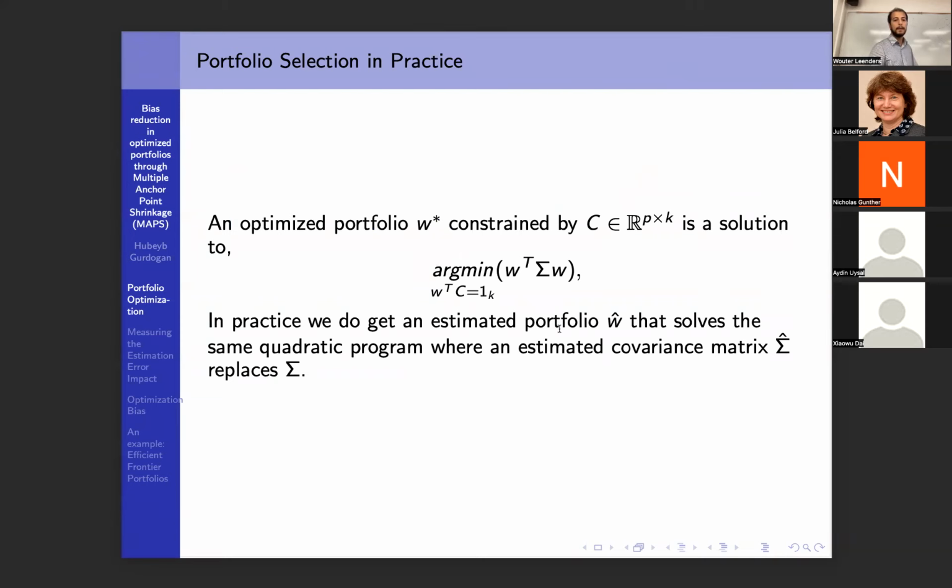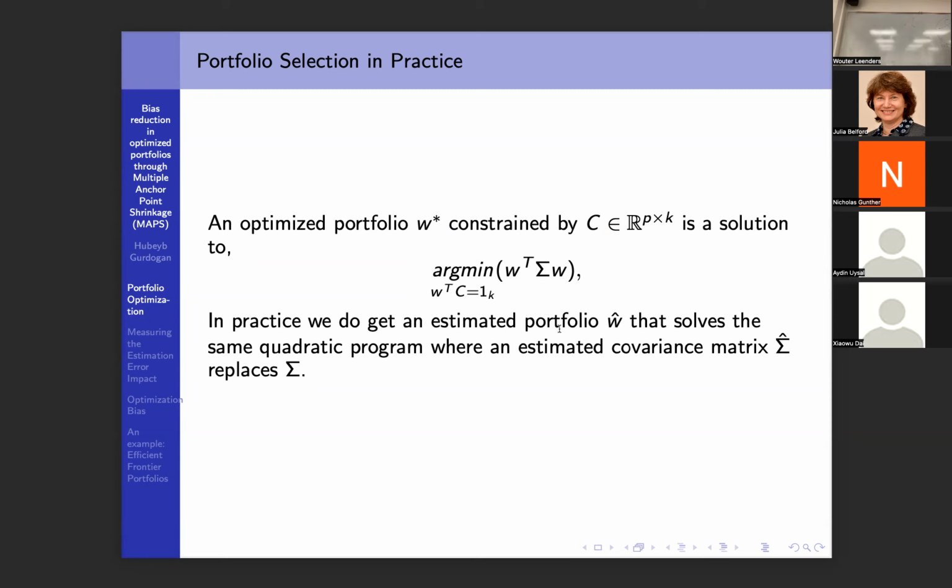An optimized portfolio with a constraint set C, which is a P by K matrix holding the constraints on its columns, is defined as the solution to this quadratic program that minimizes the variance subject to these constraints. This is a general problem.